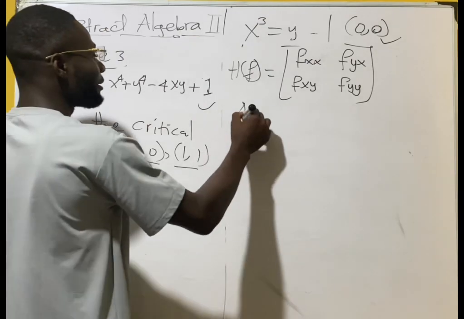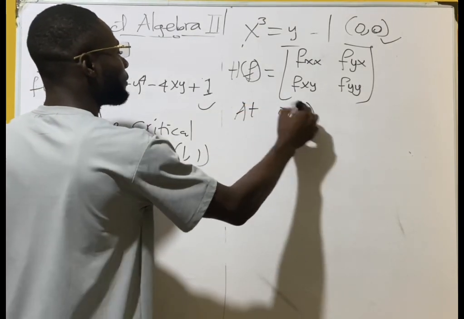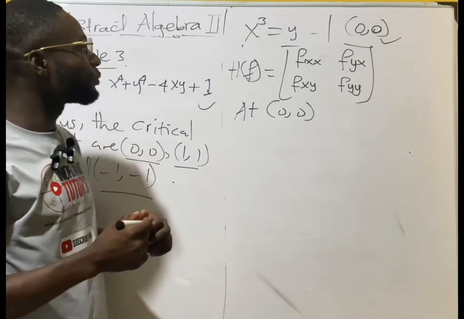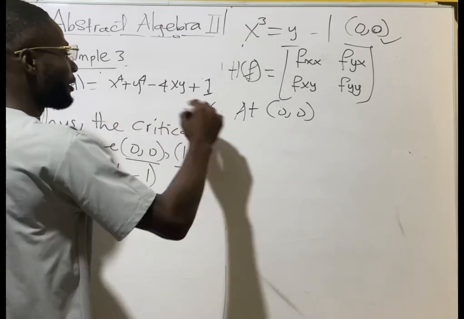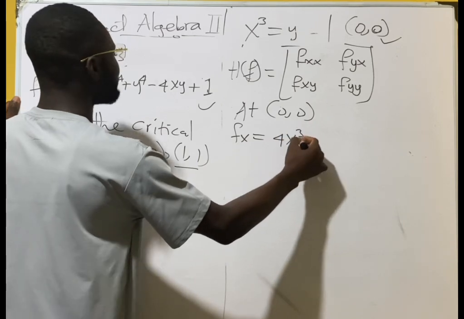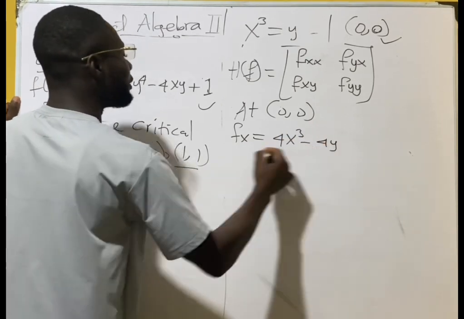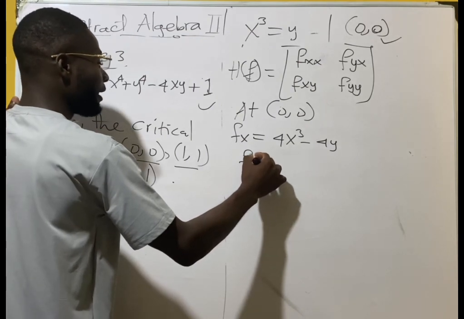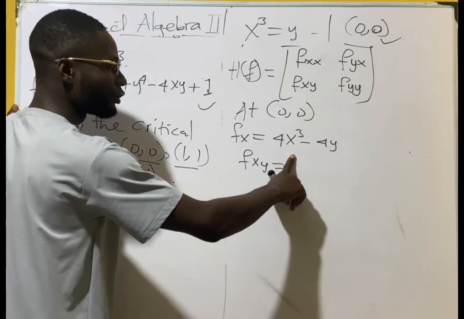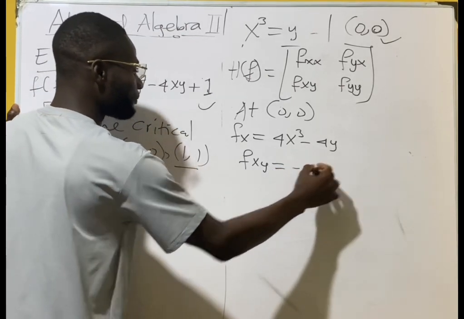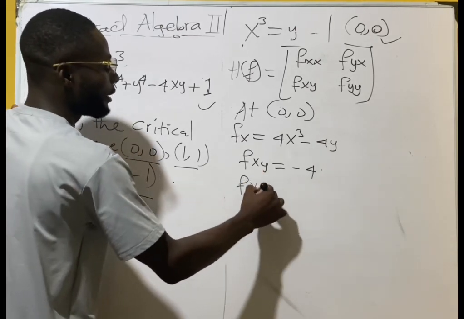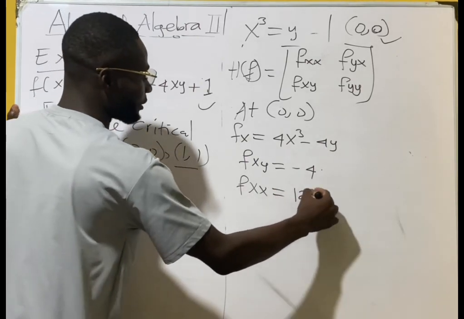So at (0, 0), we have to find the Hessian matrix. Let's find the partials. We have fx = 4x cubed minus 4y, so fxy will be equal to -4, and fxx will be equal to 12x squared.